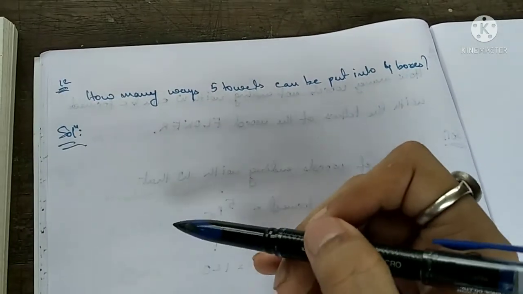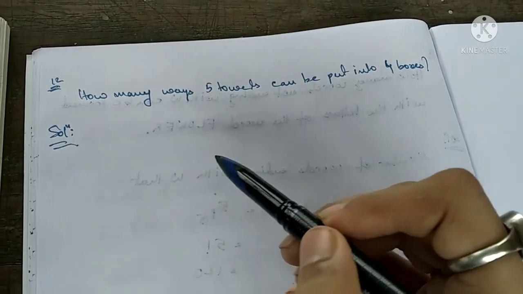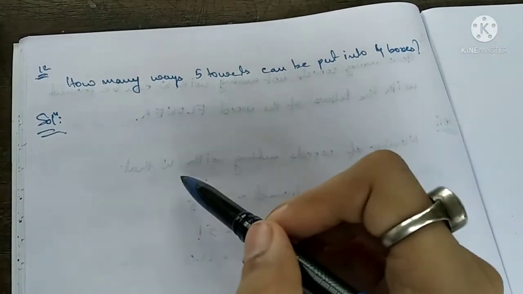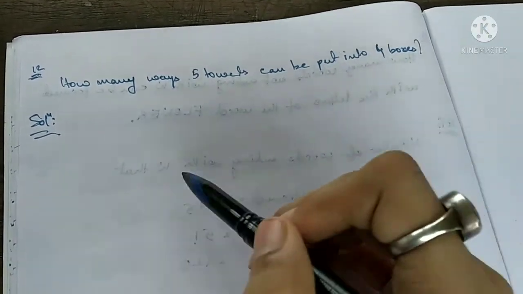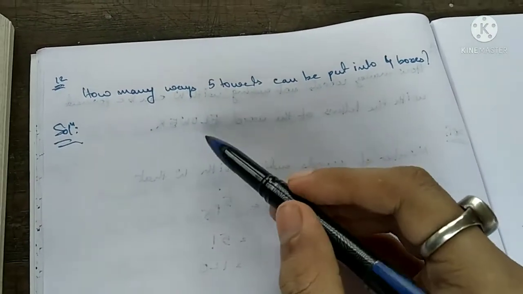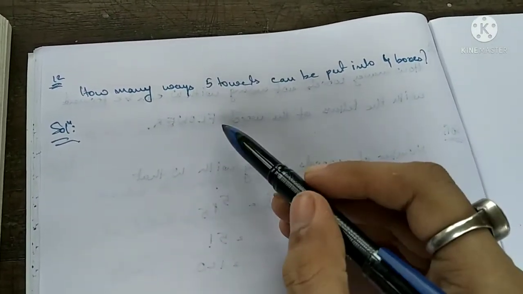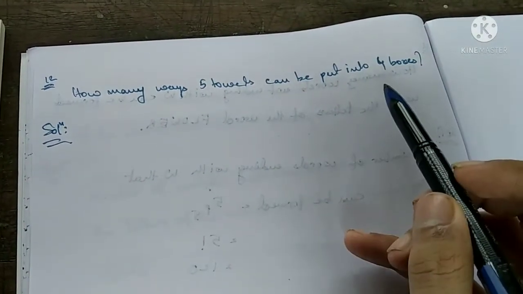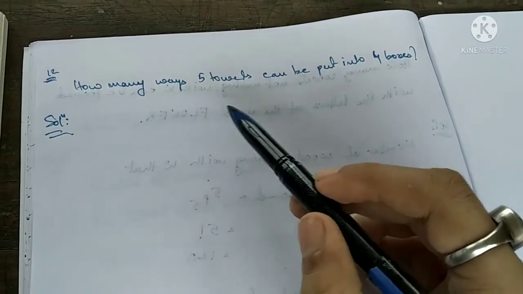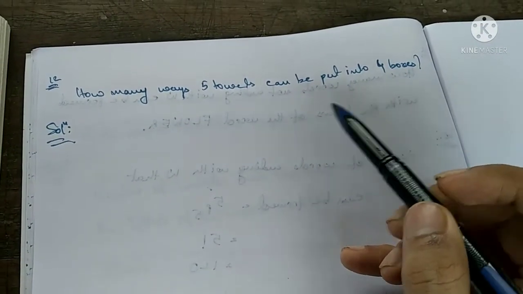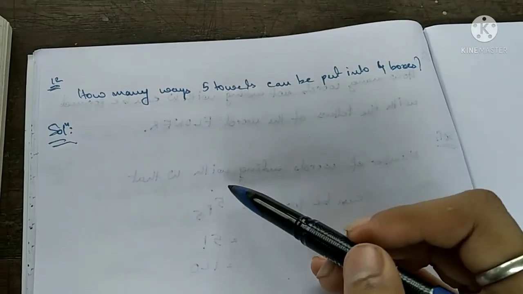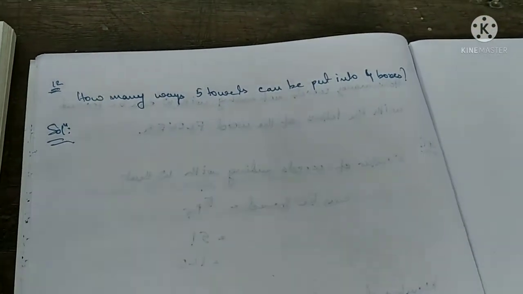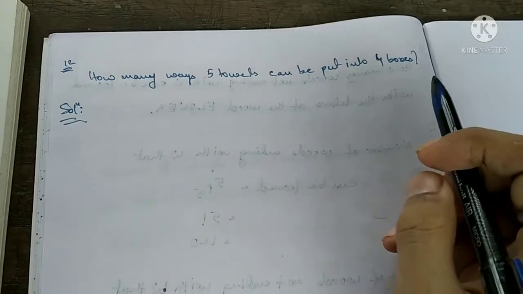Again, let's take the second towel, and again the second towel can be arranged in the same 4 ways. It can be placed in the first box, second box, third box or fourth box. Again the third towel, it is the same: it can be put in 4 ways, because I can put it in the first box or second box or third box or the fourth box.